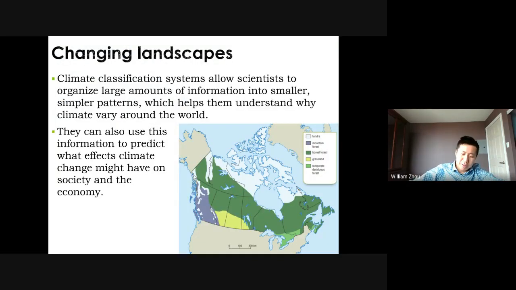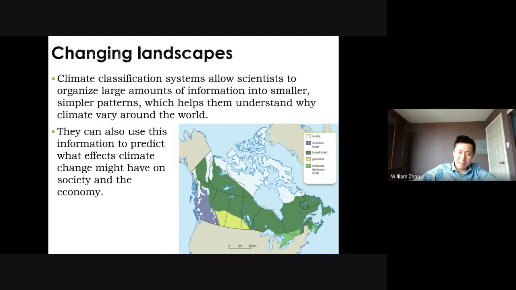So why are we learning about this? It is important to recognize which parts of the world have which type of climate, so that when it changes, we will know. Okay, we need this information to plan our economy. It's very different to live in, let's say, a dry country like Saudi Arabia versus living in northern Canada.